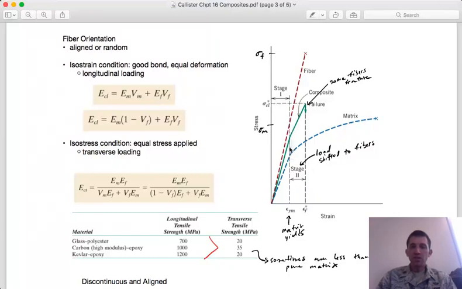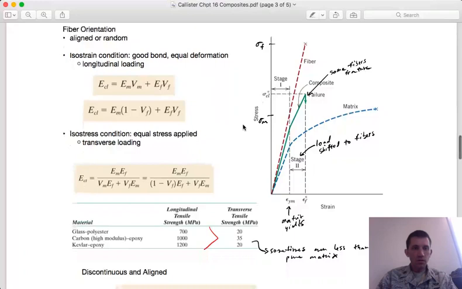So what you may expect is that if the load is transferred to the fibers predominantly, then you should see a shift in the modulus, which you do.